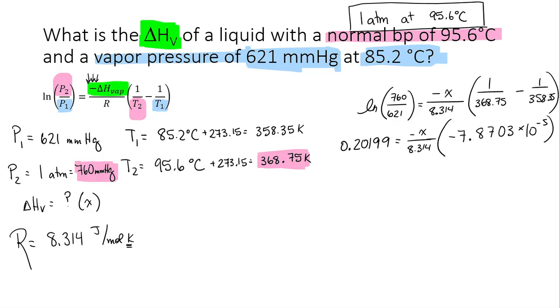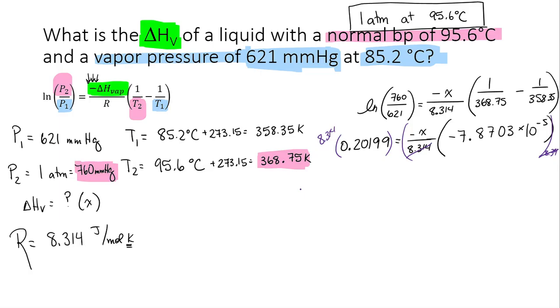So this is what I'm going to do right now to deal with my insane panic. I'm going to take both sides and multiply by 8.314. Multiplying by 8.314 gets it out of the denominator. So we've got 8.314 times 0.20199. Hold on a second.